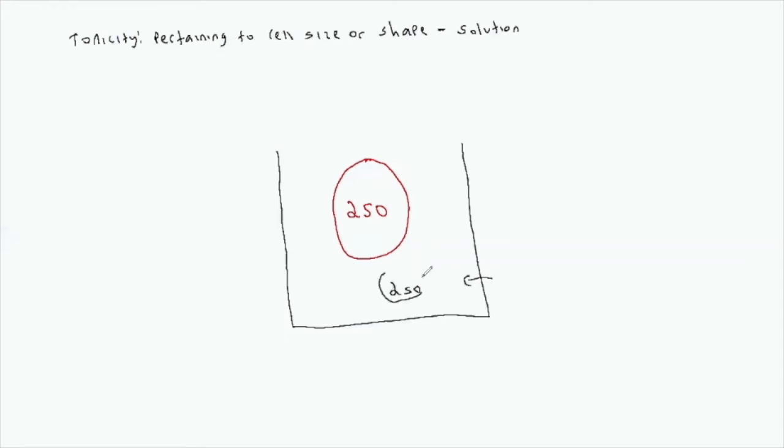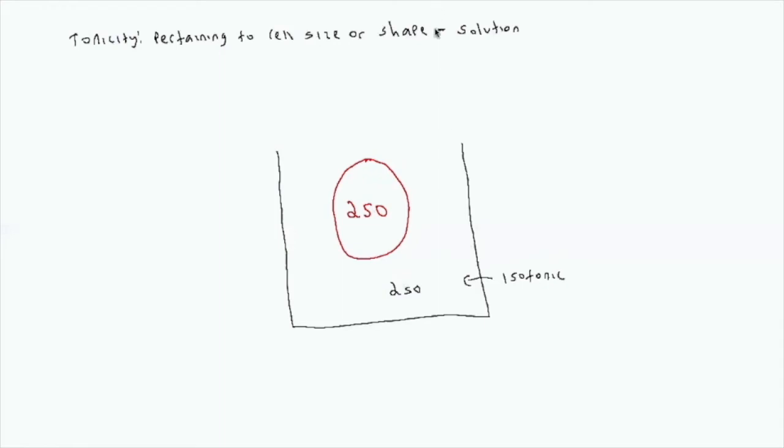Depending on this number here will determine whether or not the cell is going to gain or lose water and thus change shape. So in this case, we see that the concentration between the inside environment and the outside environment is the same. So we're going to say that this is an isotonic solution.